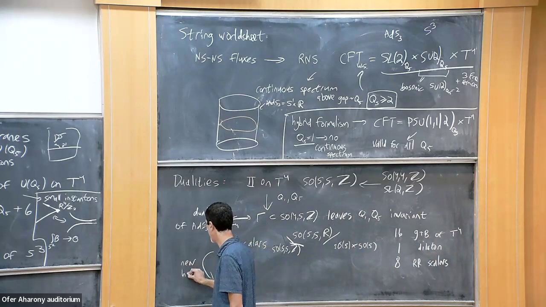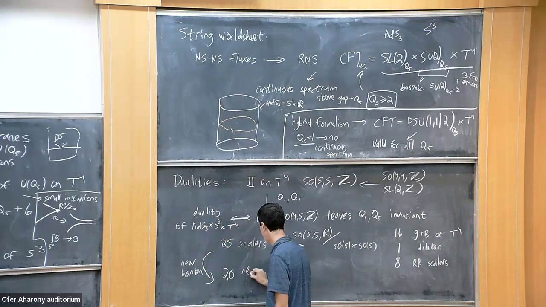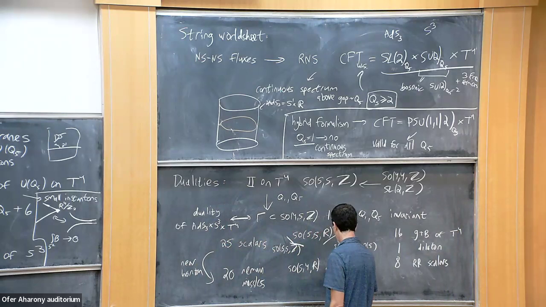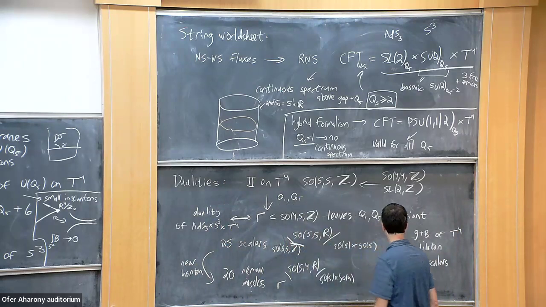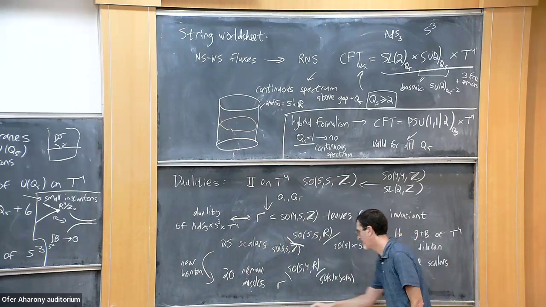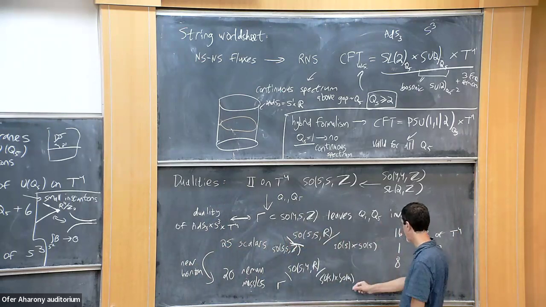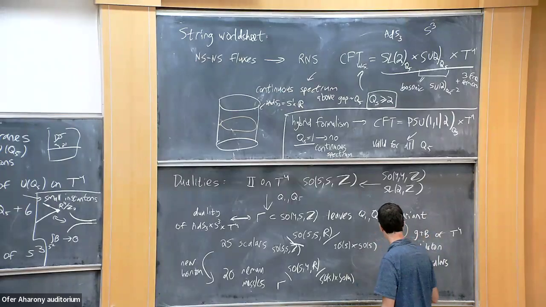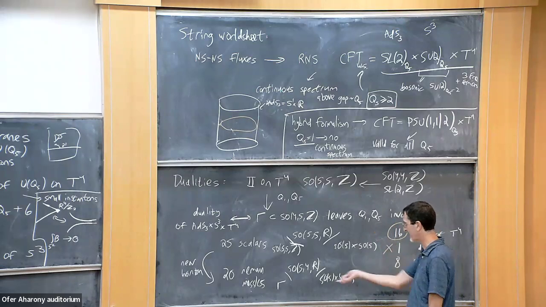After we take the near horizon limit, it turns out that exactly 20 of them remain massless, and the other ones are fixed in the near horizon limit, as I already discussed. So the ones that remain massless live in SO(5,4;R), mod SO(5) cross SO(4), and modded out by this duality group gamma. And the ones that remain massless are these 16. If we look in the NS-NS description, then all 16 moduli of the torus remain massless, including the volume. The dilaton does not remain massless, it's fixed.